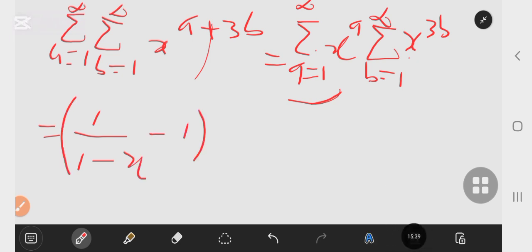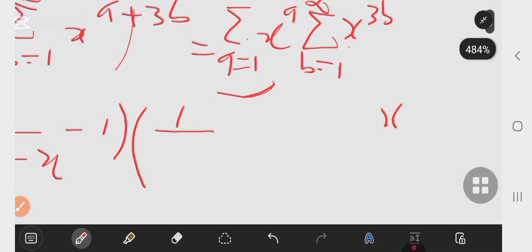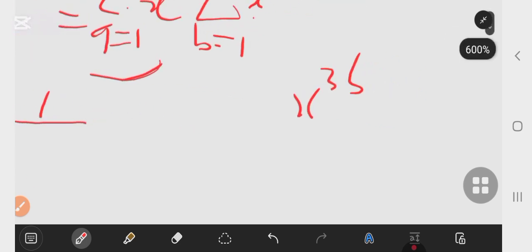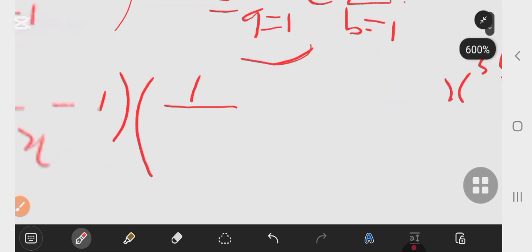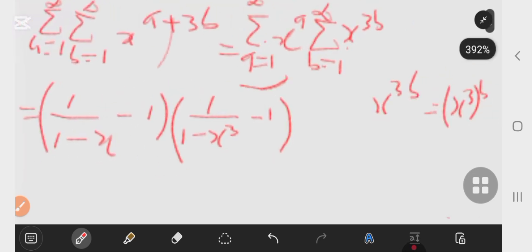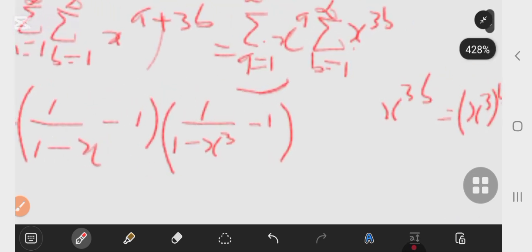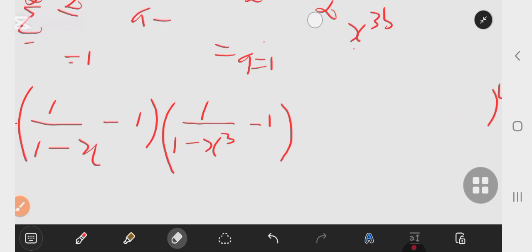Now multiplying the second, in this case x to the power of 3b is the same as x to the power of 3 to the power of b. So I have 1 over 1 minus x to the power of 3, minus 1. Okay, this is it. This is one of the things I need. Let me erase these parts as I've already used them.